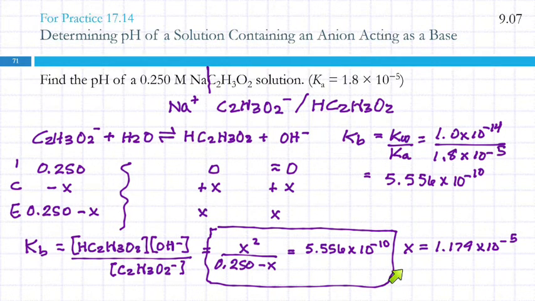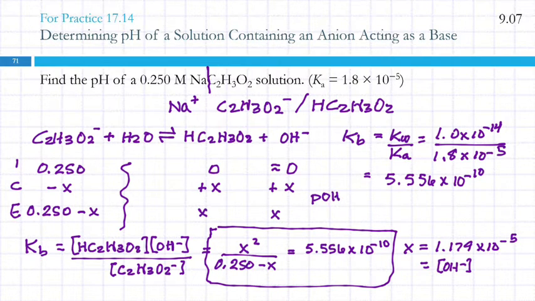What does x represent? It's the change, but it's also the equilibrium concentration of this guy and that guy. This is the equilibrium concentration of hydroxide ion. They're asking us for the pH, not the pOH. So again, we're getting on the circle of pH and we're taking a half spin.